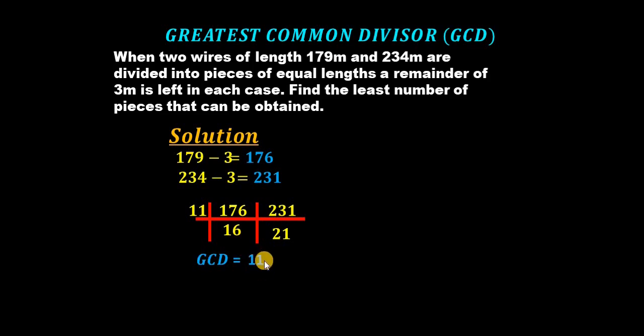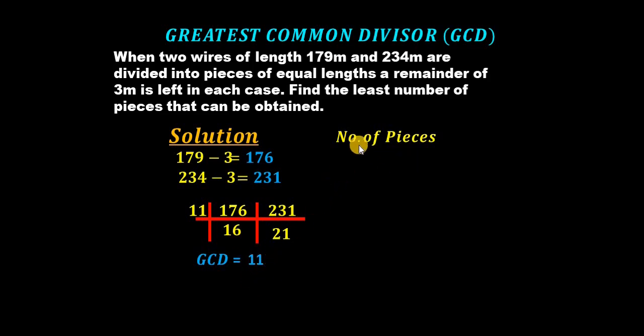Now this 11 represents the length of each piece, and with the length of each piece we can determine the number of pieces that can be obtained. That is the least number of pieces that can be obtained from the two wires. So the number of pieces is 176 divided by the GCD, that is the length of each piece, added to 231 also divided by the length of each piece.